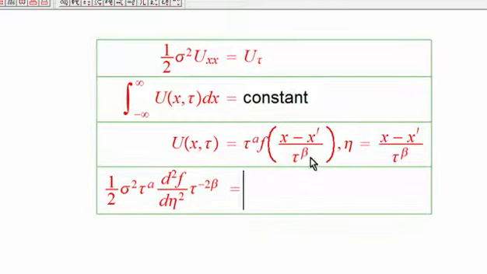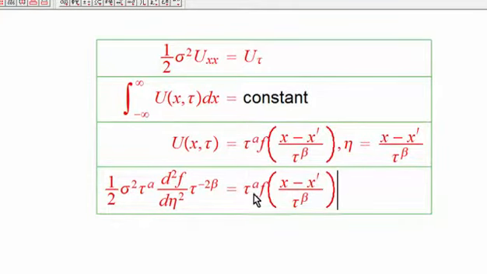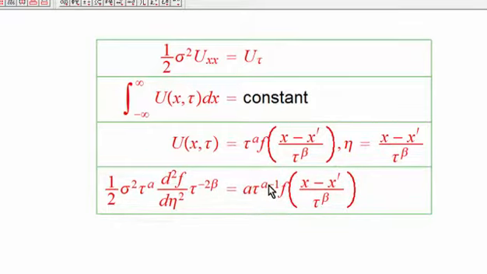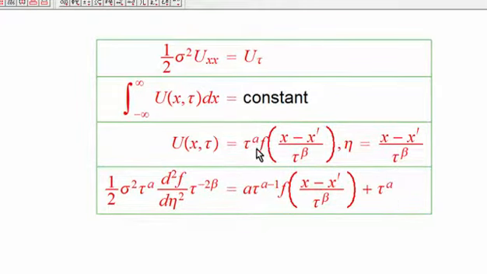There's taus here, and there's taus inside the eta, so I'm going to need to do product rule. Derivative of the first: when I differentiate that, the a comes down, subtract 1 from the exponent. So I've differentiated tau to the a, and I've left the second piece alone. Now I leave the first piece alone, the tau to the a. Now I'm differentiating this piece with respect to tau. So I'm going to get a derivative of f with respect to eta. I'm using chain rule on this. So the derivative of f with respect to eta.